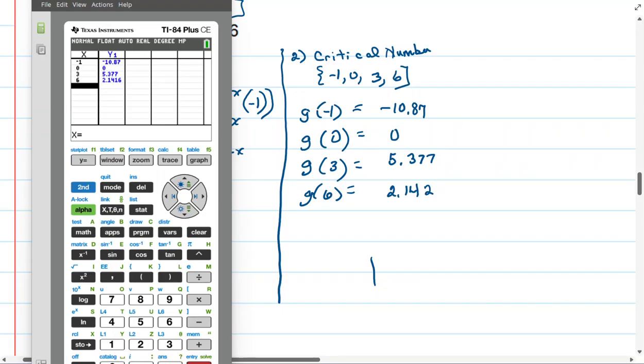All right, so what do we have? It looks like this is an absolute max. Do you think that's true? Looks like an absolute min.